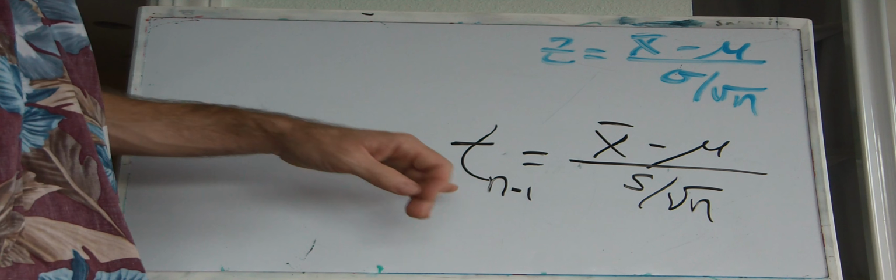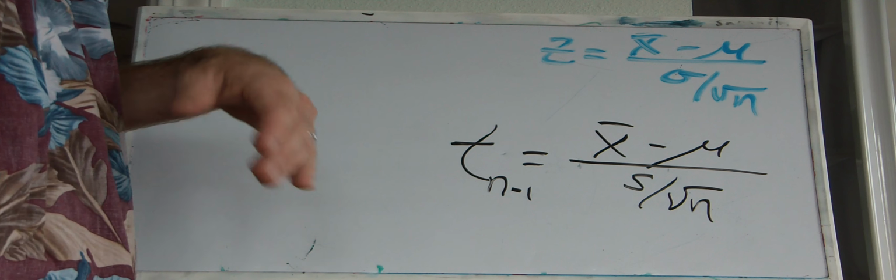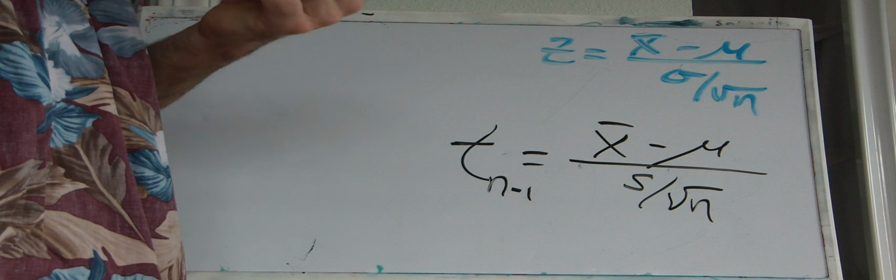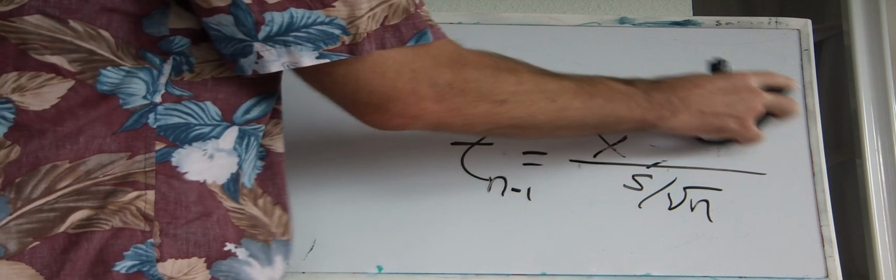To calculate this, you can use a crazy formula and some integral calculus, or you can use this thing called Excel. Excel has two functions that we're really interested in: t-dist and t-inverse.